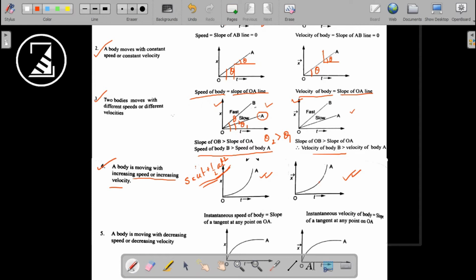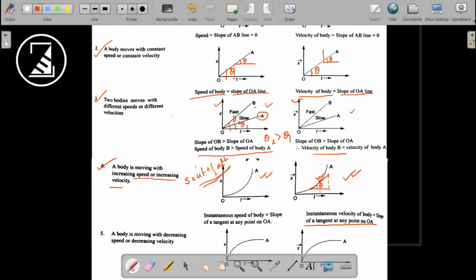Suppose at this interval we want to find the instantaneous velocity of the body. Then we have to draw a tangent at that point. This angle will be theta. This slope will give us the instantaneous velocity at this point. So the instantaneous velocity of the body is equal to the slope of the tangent at any point on OA.